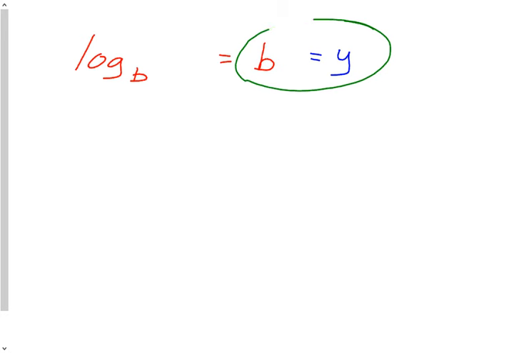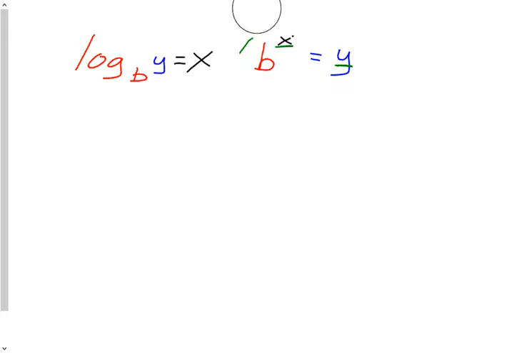It turns out that these two numbers will correspond to my log equation, but they're actually backwards.